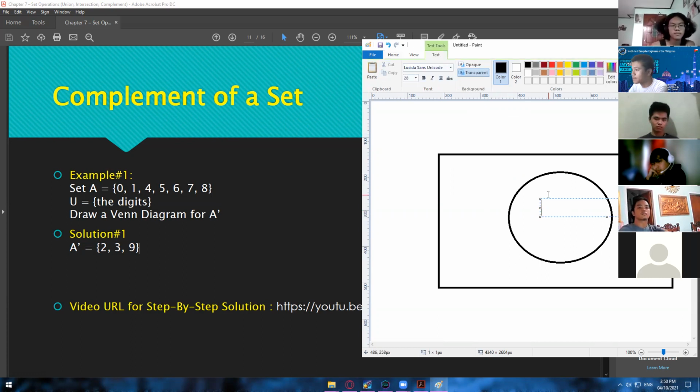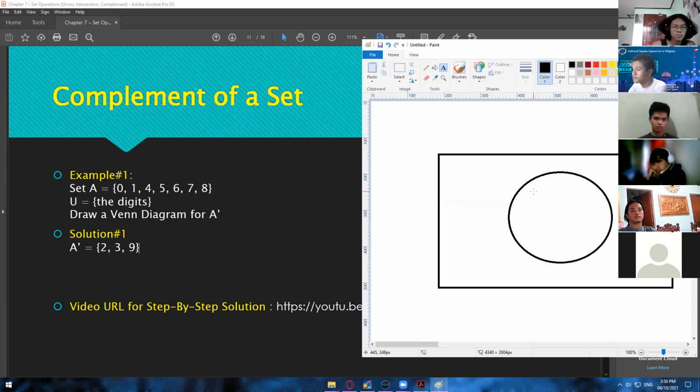In here we have, I'll just write it, it's easier to write: 0, 1, 4, 5, 6, 7, 8, and then 9. And then for the A complement, it is equal to our universal set minus set A, which is 2, 3, and 9.